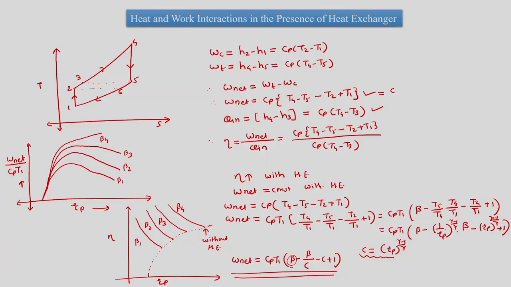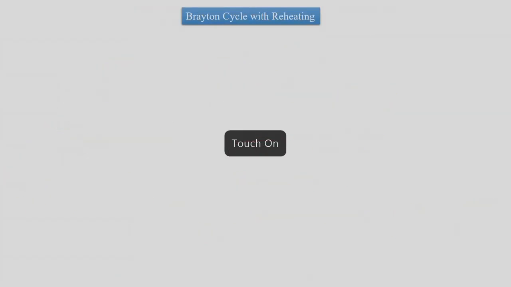So let us move ahead and see Brayton cycle with reheat. We will first plot the schematic, and the schematic is as expected, except that we are having an attachment of a reheater.